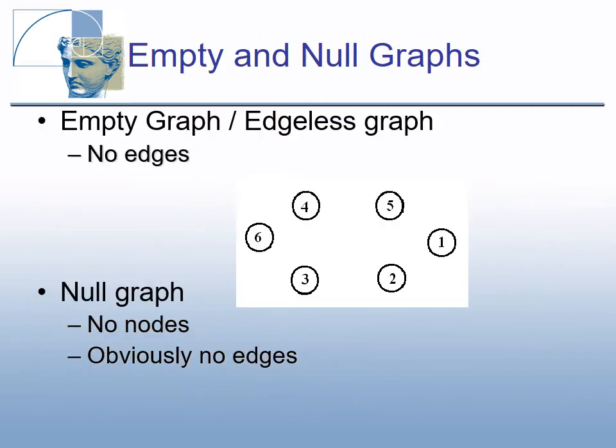These 2 examples show that graphs are more powerful for description of emptiness than relations. Empty graph or edgeless graph has no edges. Null graph has no nodes. Therefore, using graphs we can define an empty relation on the known domain.